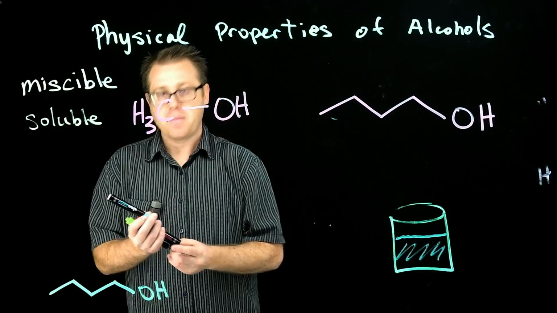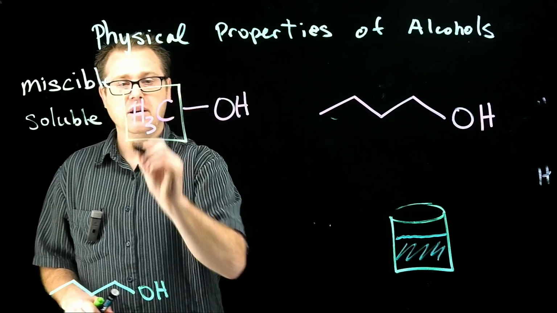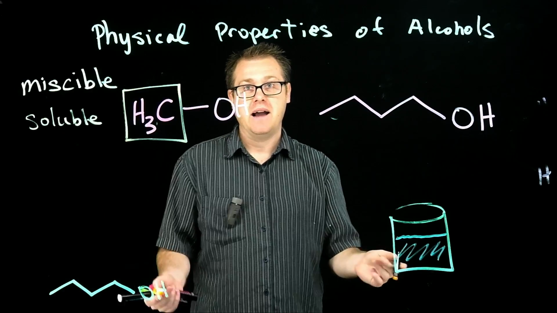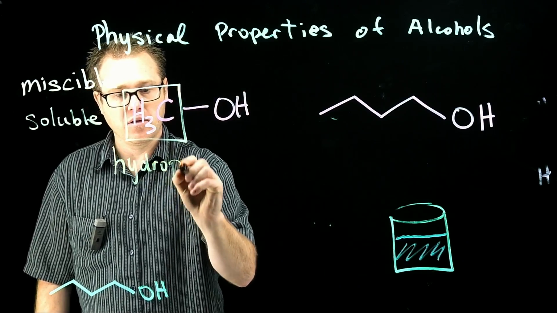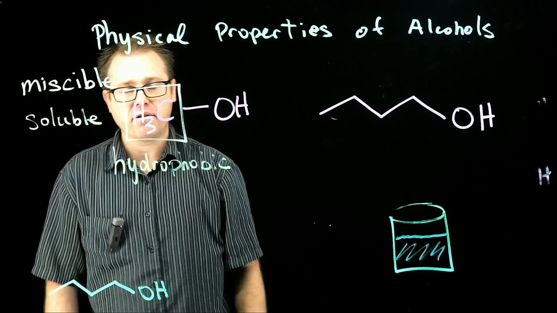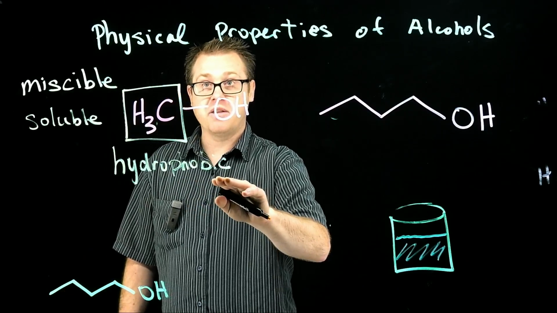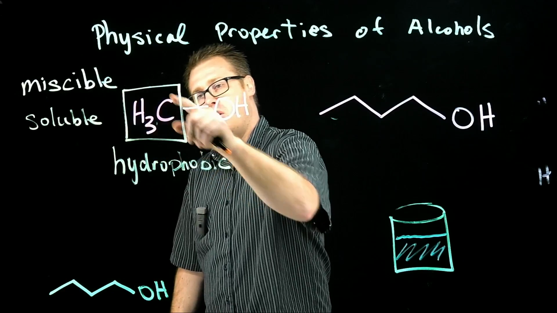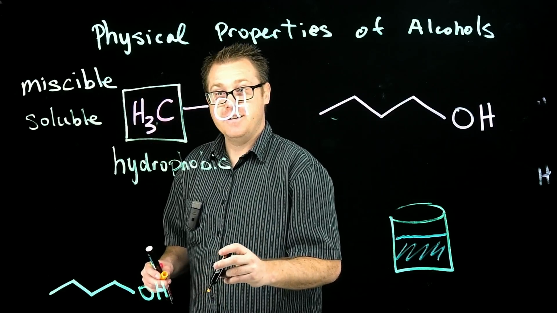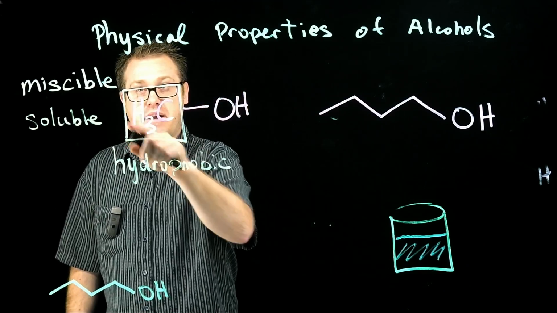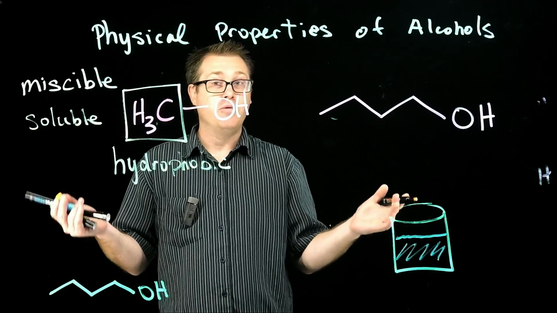What we have is two regions. We have a region that is just made up of carbon and hydrogen, and that is called a hydrophobic region. Now, hydro meaning water, phobic meaning fear. This hydrophobic region is scared of water because it is very, very greasy. And grease and oil and water don't mix.